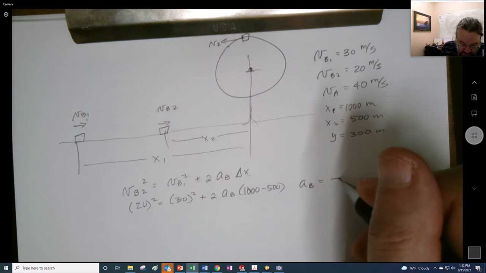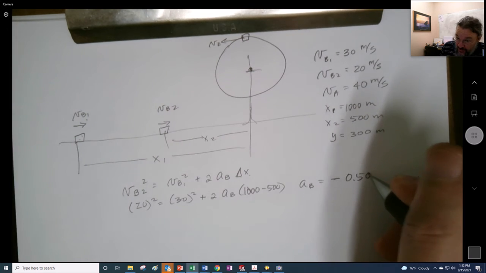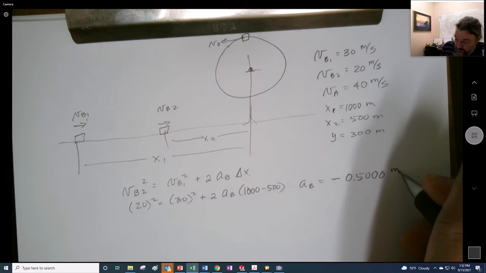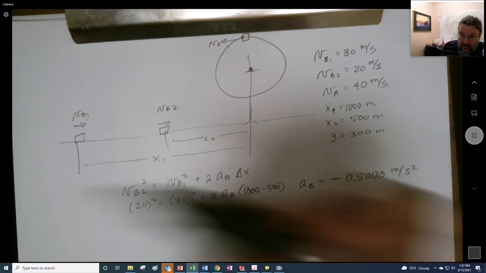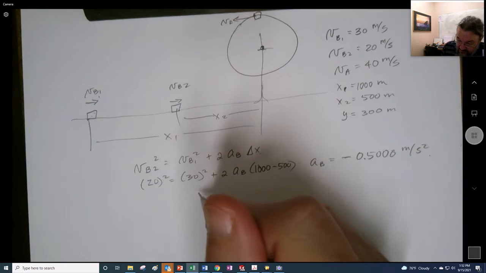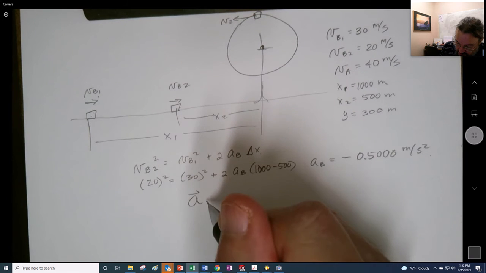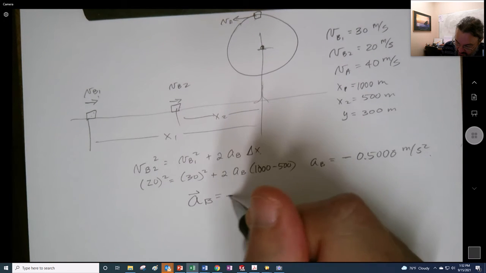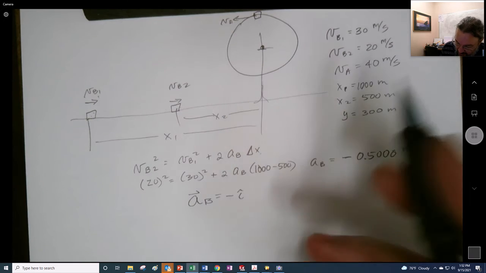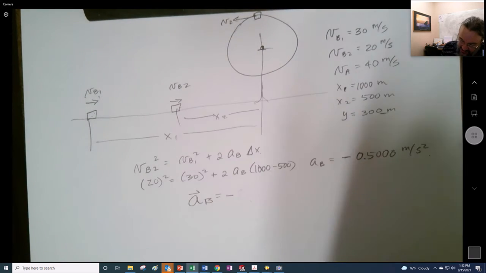And I get a negative 0.5 meters per second squared, right? So he's decelerating. So we can even say the acceleration of B is negative 0.5 i, right?